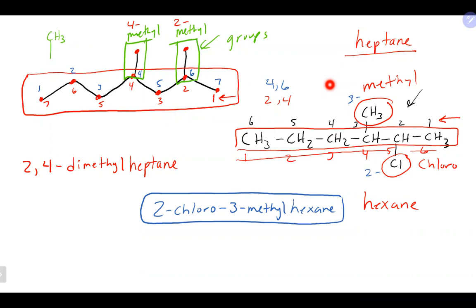Okay. Another thing about naming is if you do have an alkane that is a ring structure, we name it the same way. You name it based on the number of carbons, but the additional thing that you put in front of it is cyclo. So for example, if we had this guy here, which is 3 carbons in a row, that is propane.